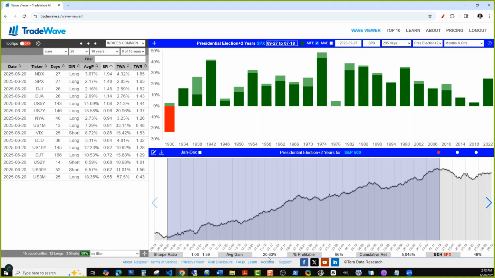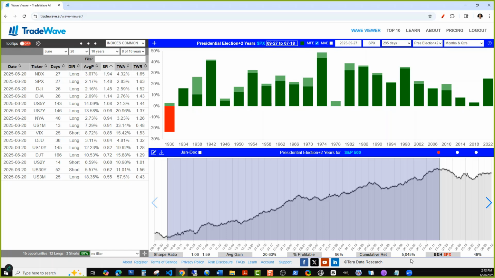And what is so fascinating is this cumulative return. If you were to do a buy and hold on the PE plus 2 years, you would have made 49% since 1930. If you would have done this period that I'm showing, you would have made 5,045%.